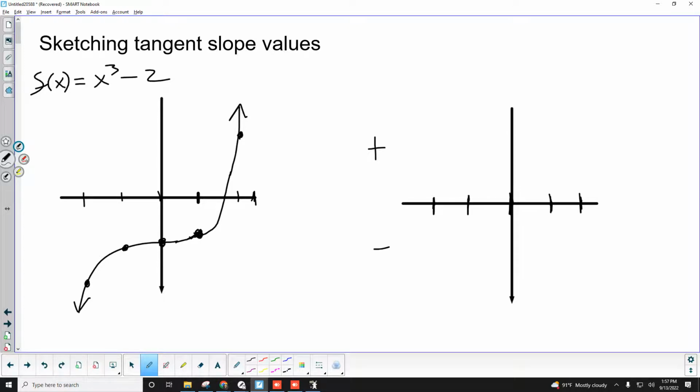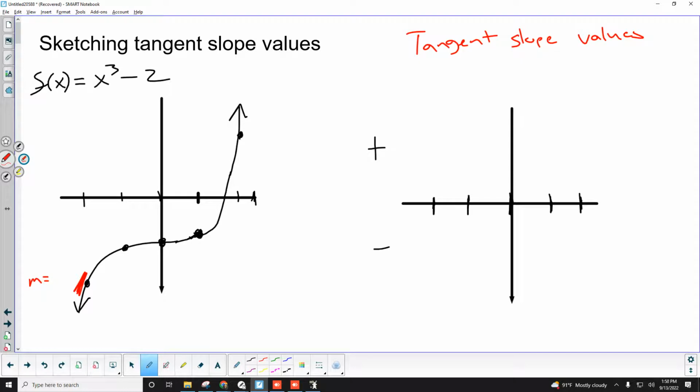I understand that the slope at points will tell me how quickly the function is changing. Let me just plot these tangent slope values on another graph.